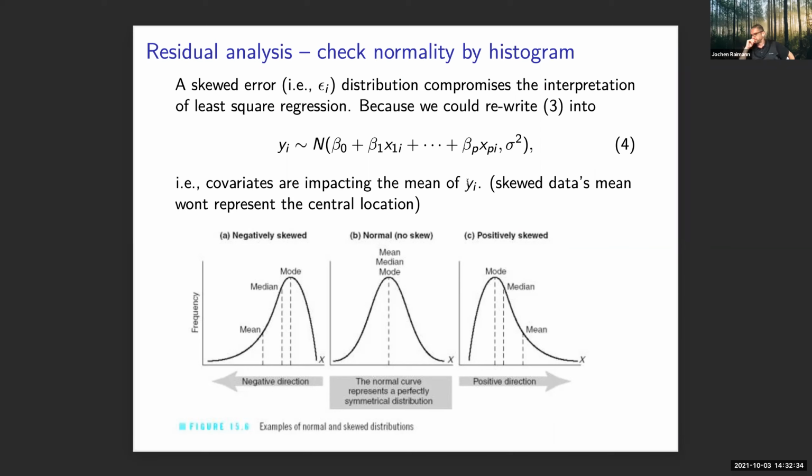So if you're trying to predict your yi, and you have a skewed covariate in there that at certain magnitudes or certain parts of the entire range of data suddenly shows more skewed data, this will affect your estimate, right?